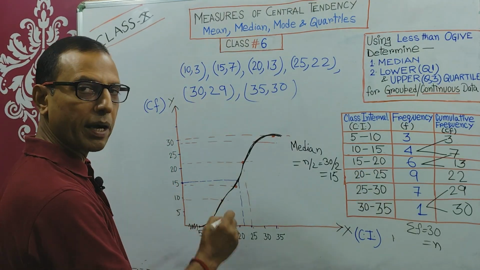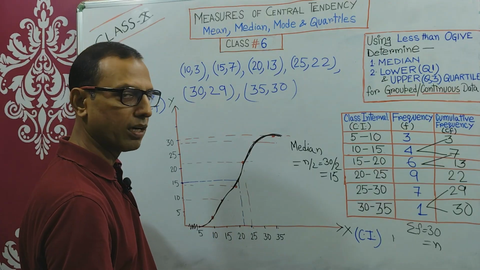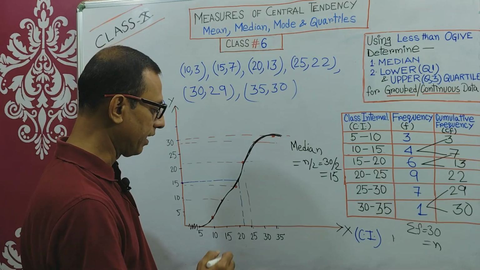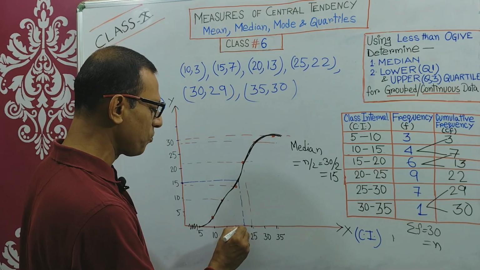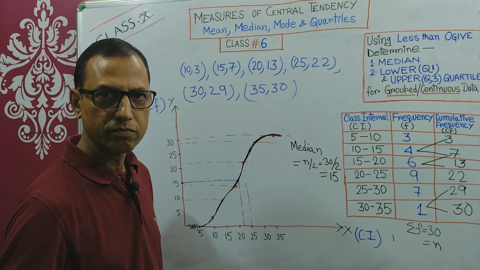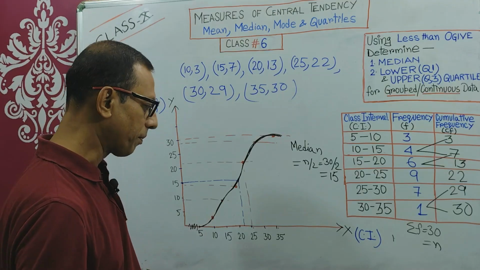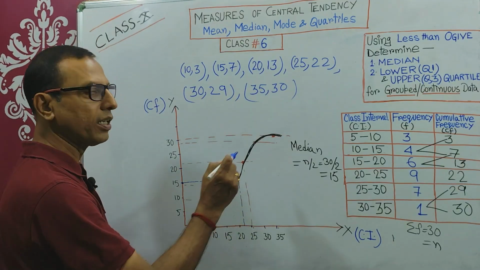Since I am not using a graph here, I cannot determine exactly what the median is, but visually it will be around 22, 21.5, something like that. Got my point? So that is how you need to calculate the median using the ogive graph.